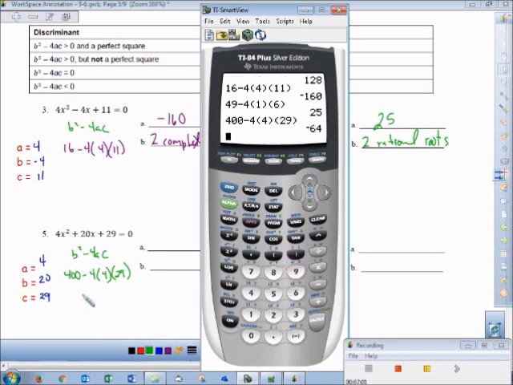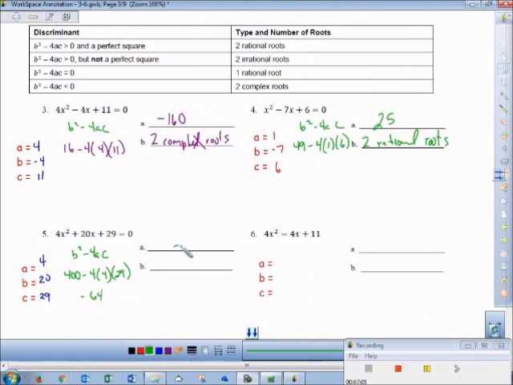Boom. Negative 64 is my discriminant. And don't get fooled by that. People are like, oh, that's a perfect square. It's negative. So there is two complex answers. Two complex roots in that situation.